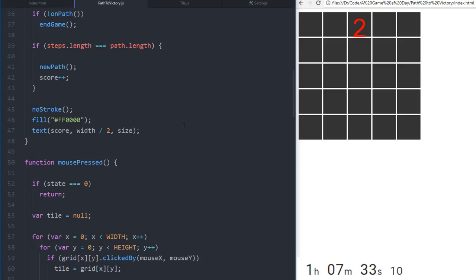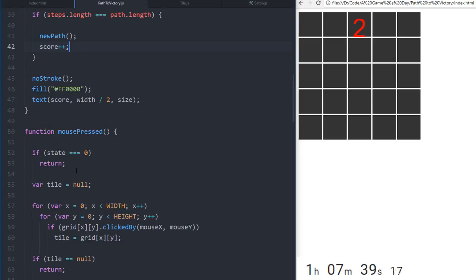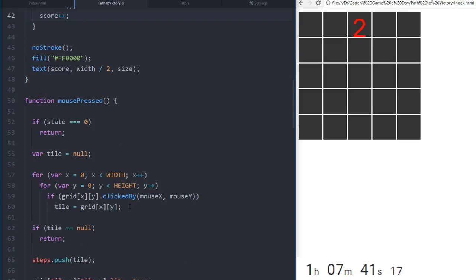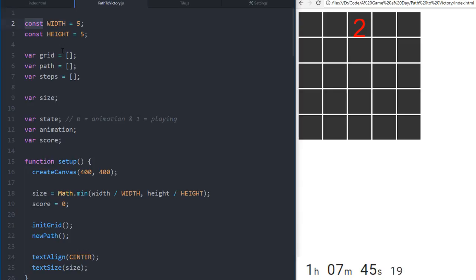Yeah, okay. So now what I'm thinking, score plus plus. Now what I'm thinking is that instead of these being constant, we will say grid width. Replace all.